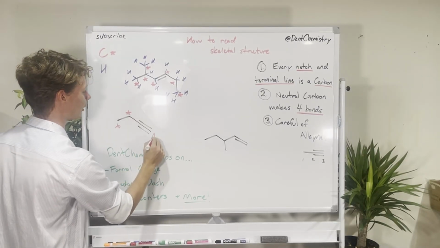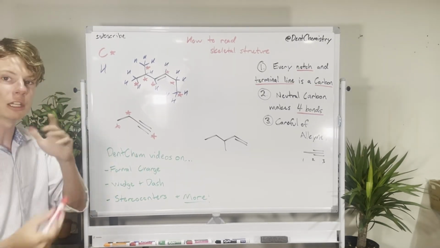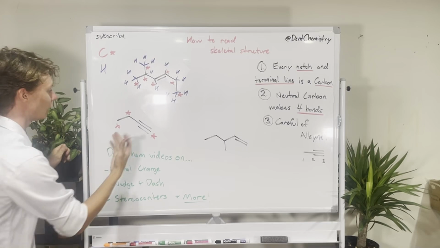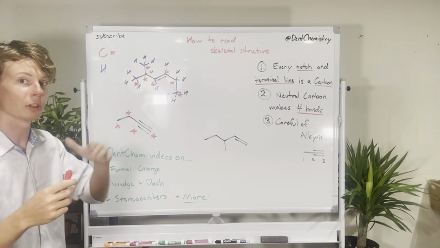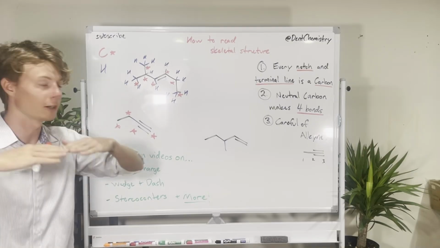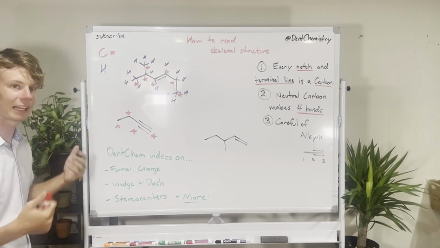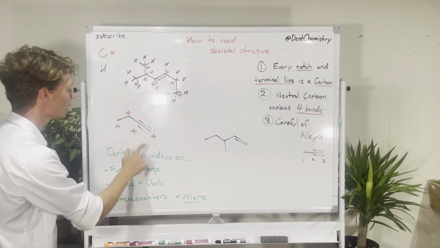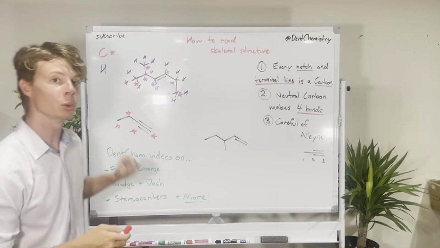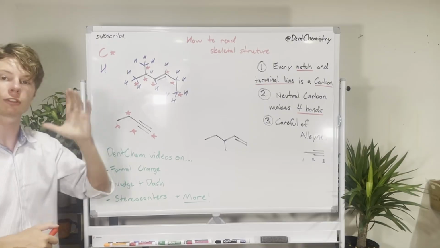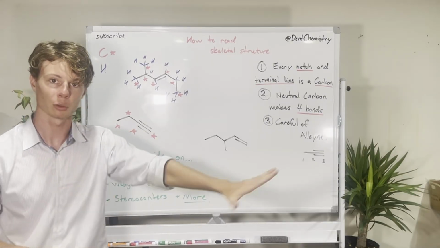And the line ends down here, that's a carbon. Here is the most commonly missed carbon, our alkyne carbon. It doesn't really follow our rule of line changing direction because it's linear, and nor is it at the end of the line. But do be familiar with alkyne carbons. So if you include those with notches and terminal ends, you should be able to locate every carbon for the rest of the year.